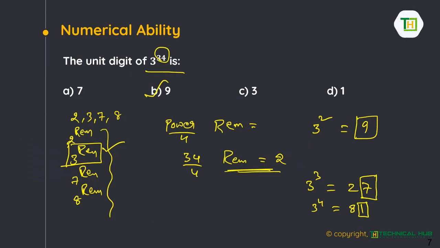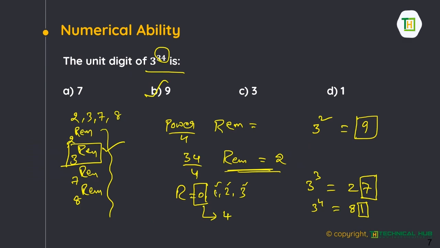And one more point: when you divide by 4, possible remainders are 0, 1, 2, 3. If the remainder is 1, 2, 3, there is no problem. But if the remainder is 0, take this value as 4 instead of 0. That is the only change you need to make.